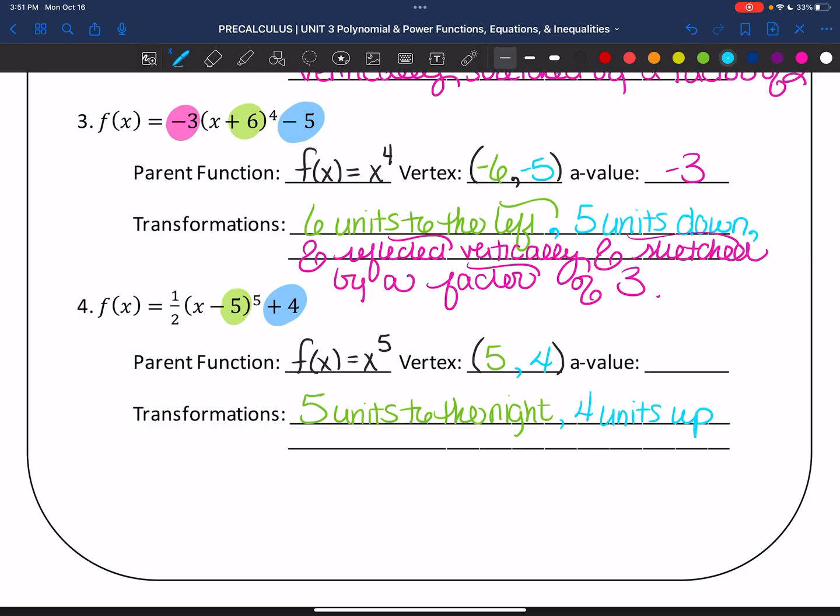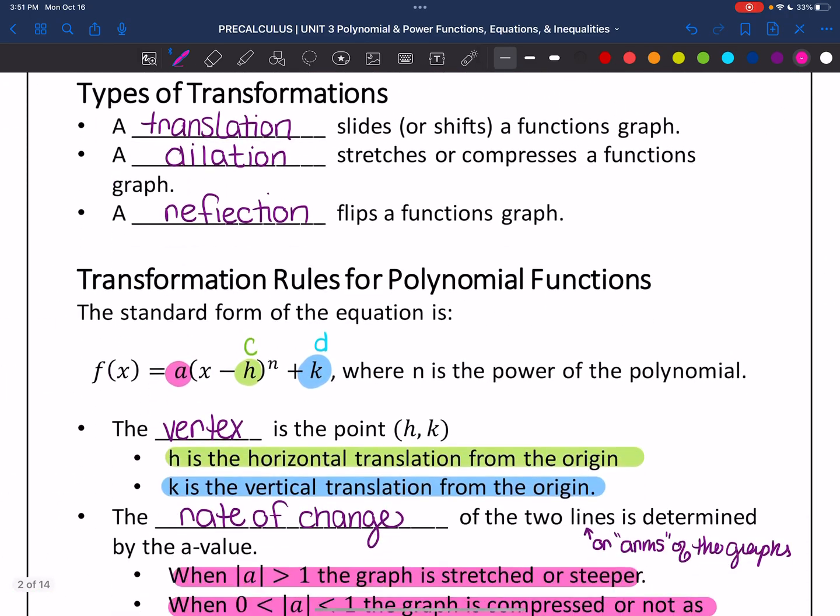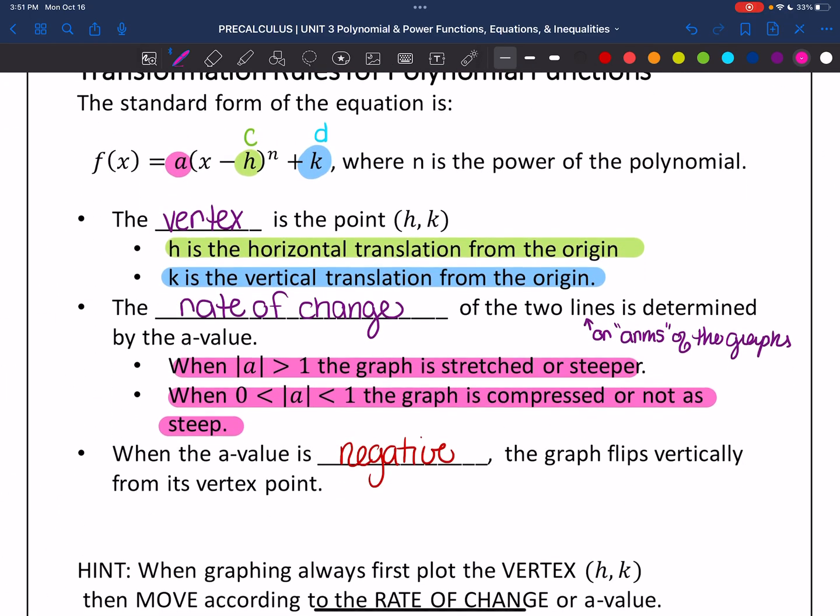Now, let's talk about the a value. The a value is pretty clearly 1/2. But what is that going to do? Go back to the previous page with me. 1/2 for an a value, when we take the absolute value of it, is going to be a value between 0 and 1.